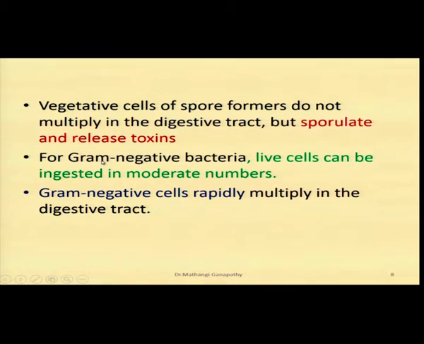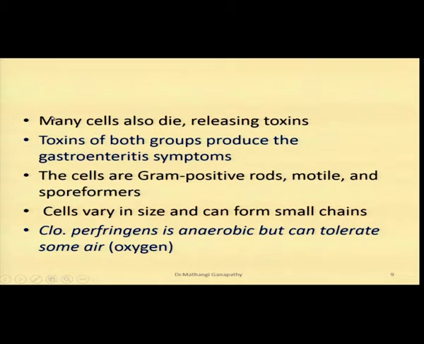In the case of gram-negative bacteria, like enteropathogenic E. coli, live cells can be ingested in moderate numbers. These gram-negative live cells which have been ingested will then rapidly multiply in the digestive tract, causing the disease. And many cells also die, releasing toxins. And toxins of both groups, whether gram-positive or gram-negative, cause the gastroenteritis symptoms.